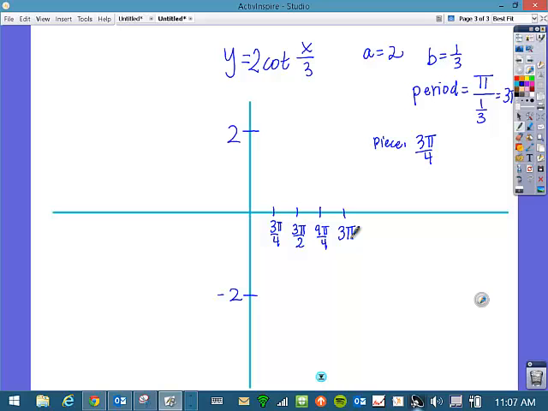So you can go back towards the left. -3 pi over 4, -3 pi over 2, -9 pi over 4, -3 pi. So if you remember what the cotangent parent function looks like, you're going to have asymptotes at 0, at 3 pi, and at -3 pi.